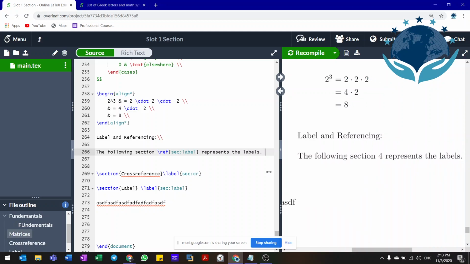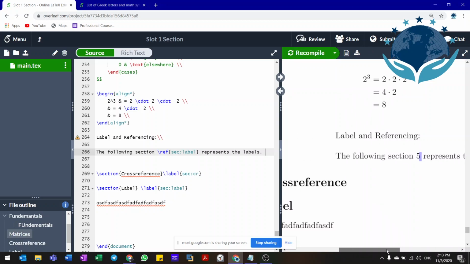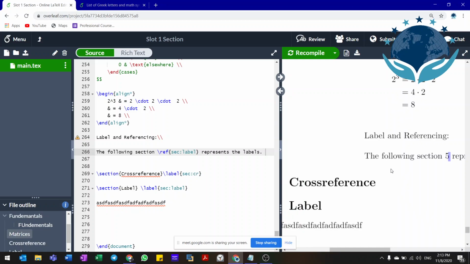It has to be automatically updated. So you can see that it is automatically updated while recompiling. This is the beautiful thing in LaTeX, that once it has been written, you need not worry about the changes that you have made.